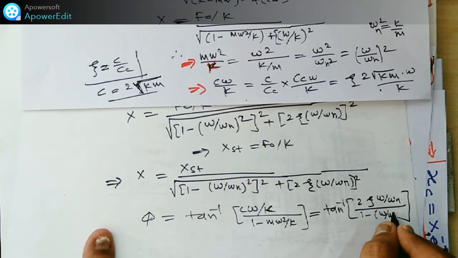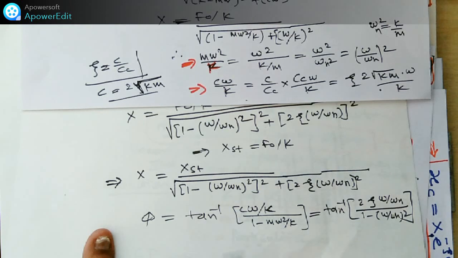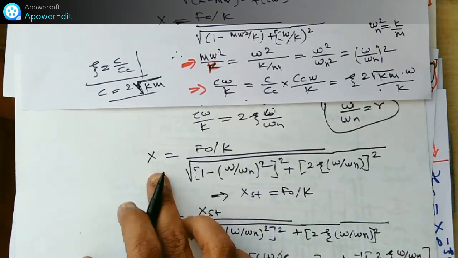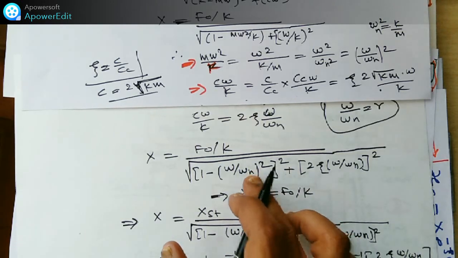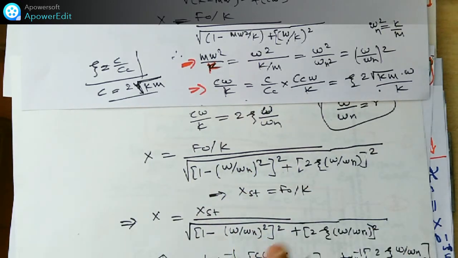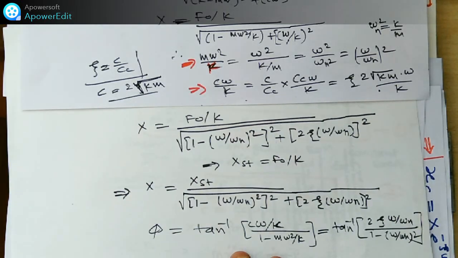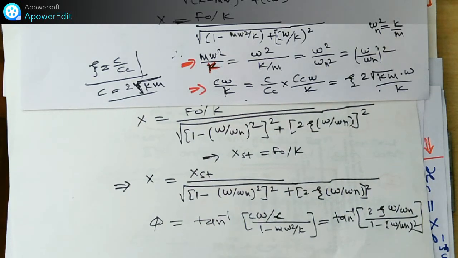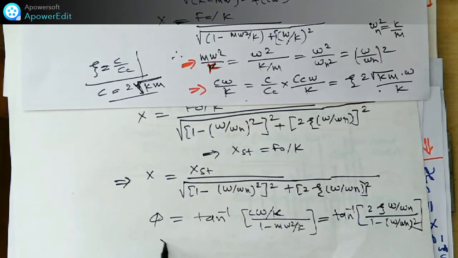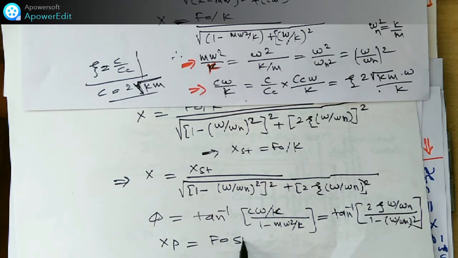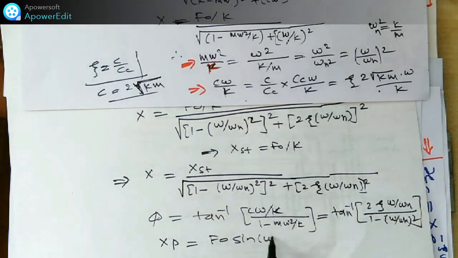So this amplitude depends on the frequency and the damping factor. There is a relation between the amplitude and displacement. So finally xp is obtained: xp is equal to F0 sine of omega t minus phi. This is your equation.